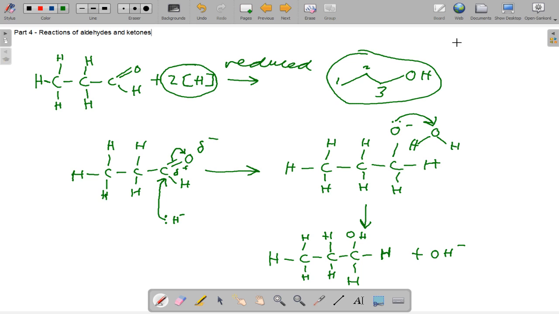ketones, you get a secondary alcohol. So we use pentan-2-one: H, C, H, C, double bond O, another H, C, H2, and that goes C, H2 again, and then you get CH3.